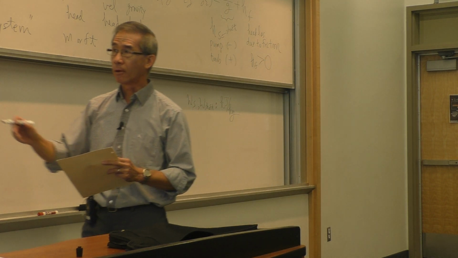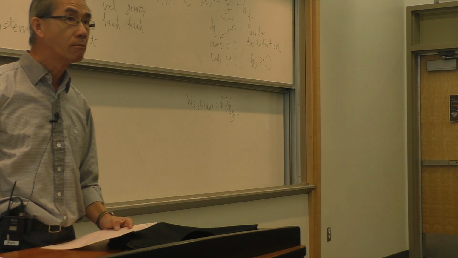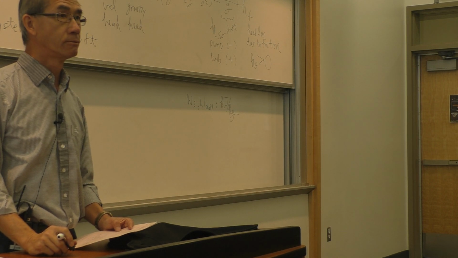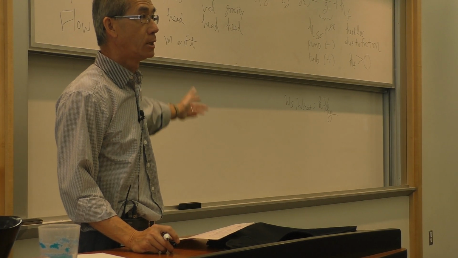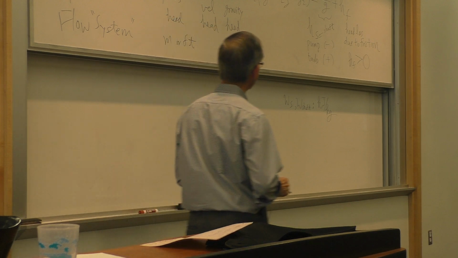In reference to this homework, is there any machinery from point 1 to 2? Is there any pump or turbine in this flow system? No. So the energy equation, when you apply that from 1 to 2, will tell you there's no head due to the shaft.